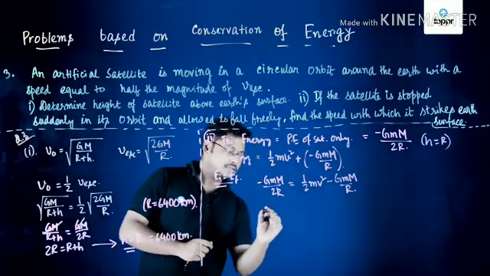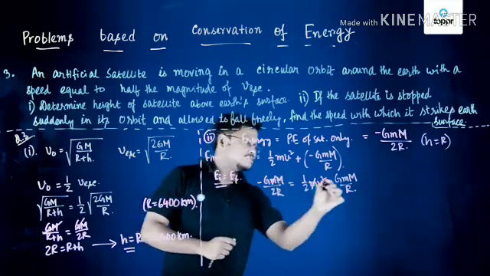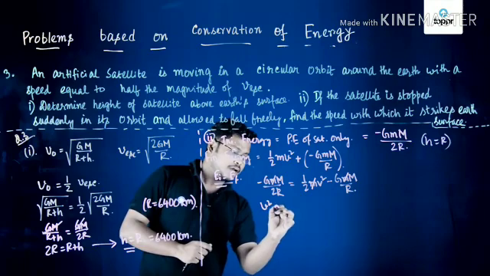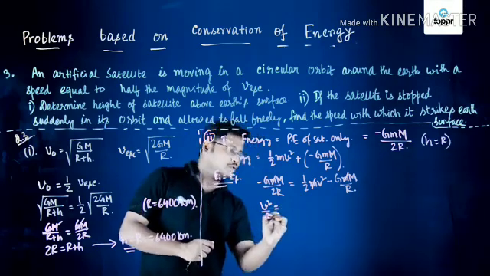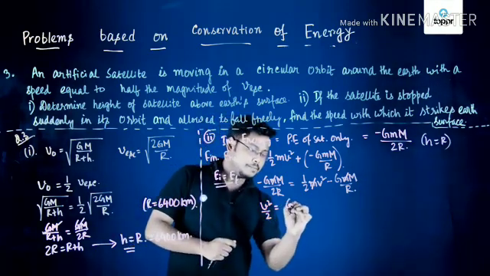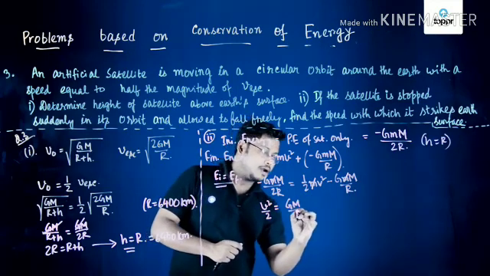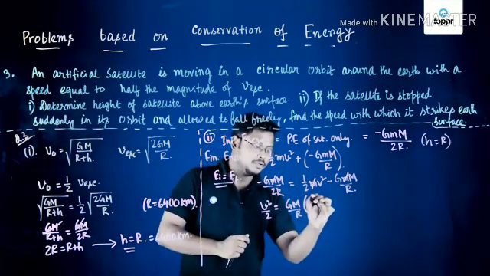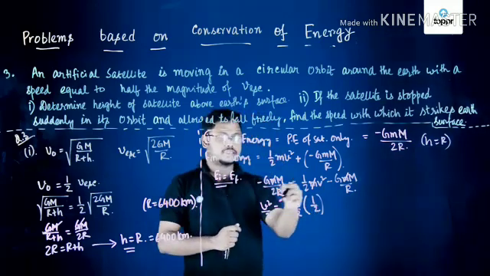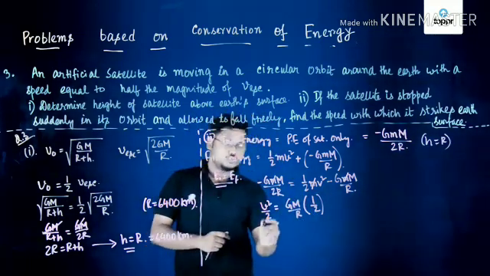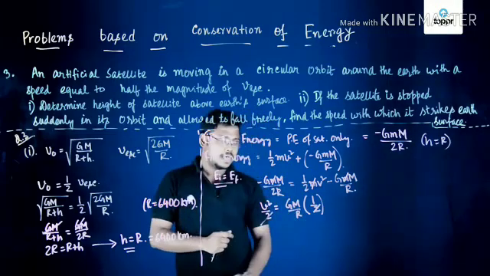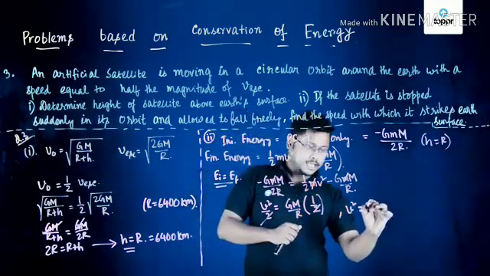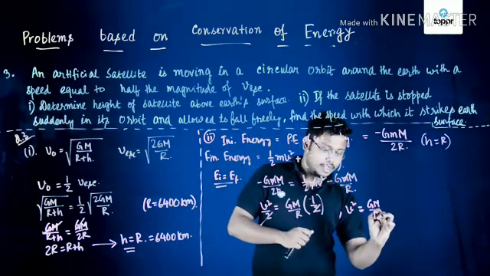So the m gets cancelled from both the sides and we are left with v square by 2 equal to GM by R times, if I take common, half, because 1 minus 1 by 2. So this 2 gets cancelled and we are left with v square equal to GM divided by R.